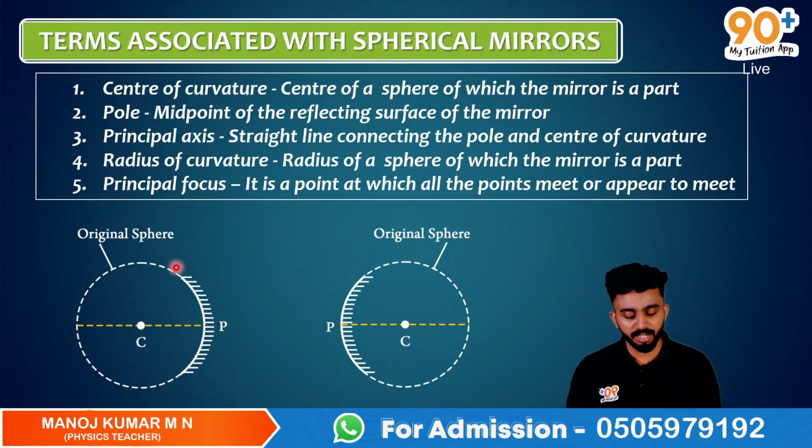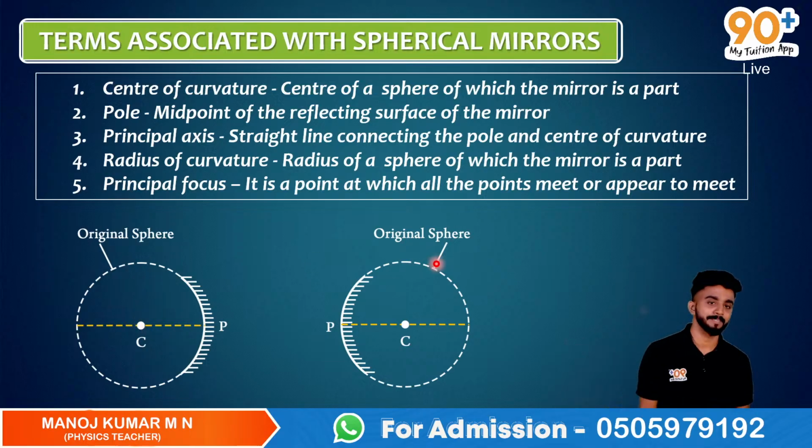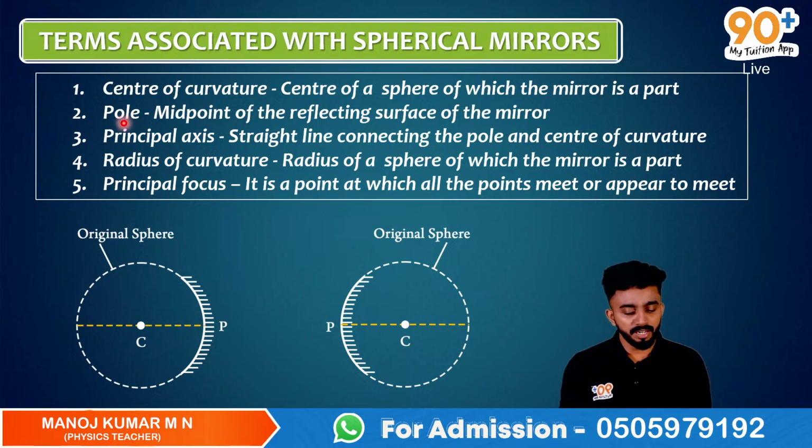The center of the sphere of which the mirror is a part is called the center of curvature. Got it? If you're considering a whole sphere and taking one part of it as a mirror, the exact center of that particular sphere is the center of curvature, in both concave and convex mirrors.